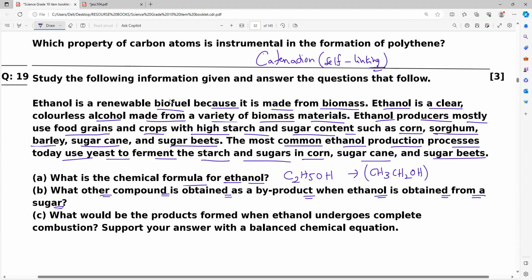Next. What other compound is obtained as a byproduct when ethanol is obtained from a sugar? Anybody? All of you? Again, read the question, you can find it. Do it fast, everybody.